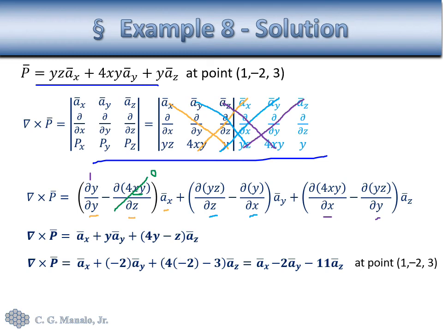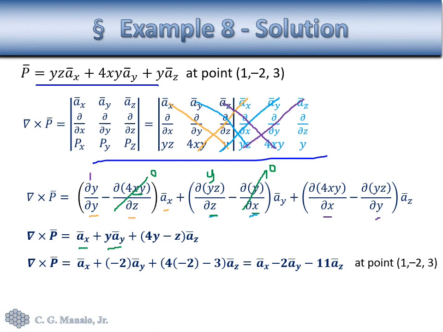Here we take the partial derivative with respect to z of yz, so we get y. Here with respect to x, this is also 0. That gives us the y component, and this is the x component.